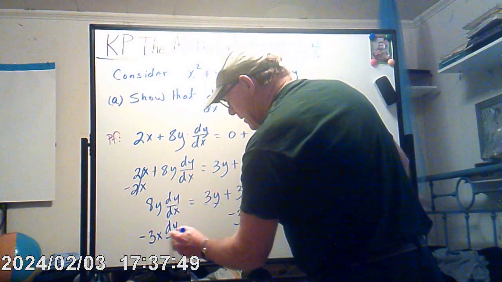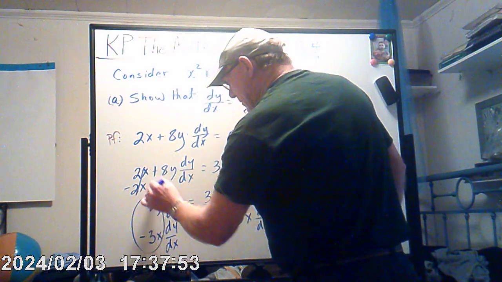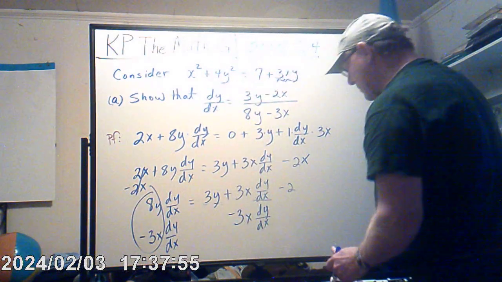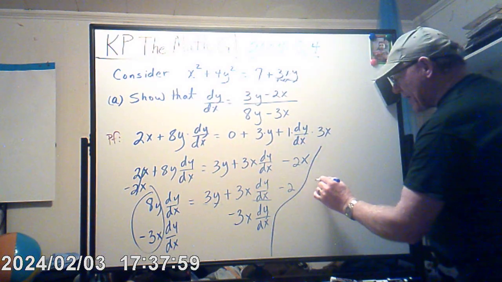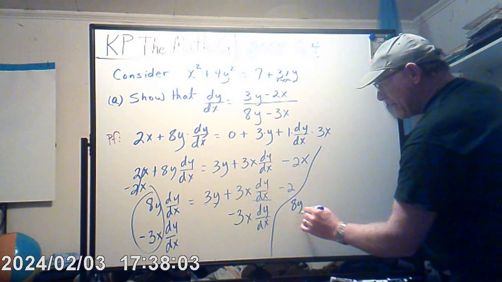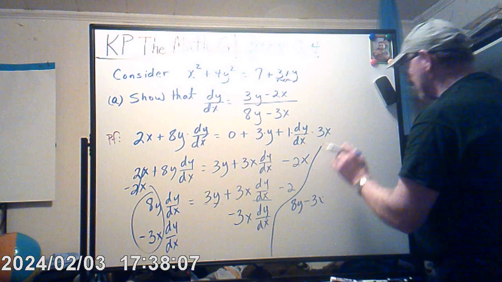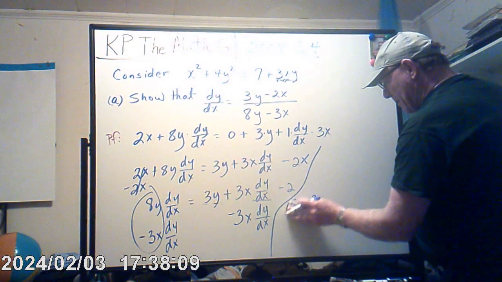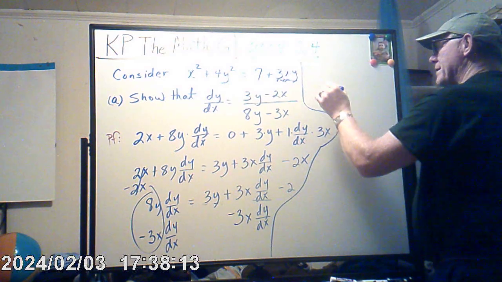dy over dx. I'm just going to put these two together and factor out that common one over here. So we've got it right here. So 8y, now let's see, 8y minus 3x. Oh, I need some more room. Let's put it up a little bit higher. Let's go.